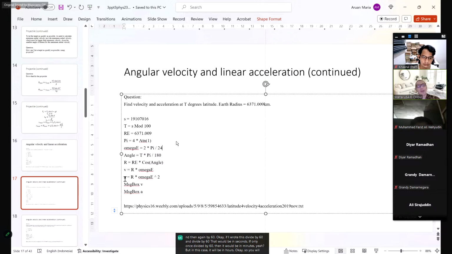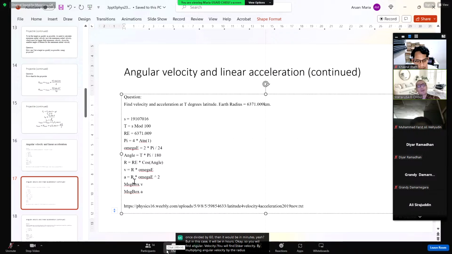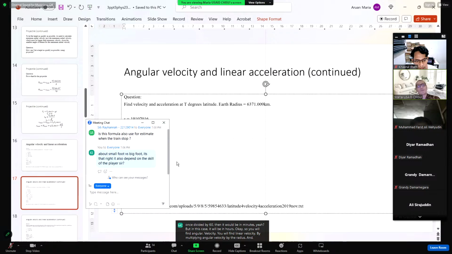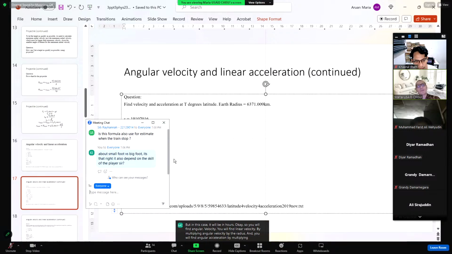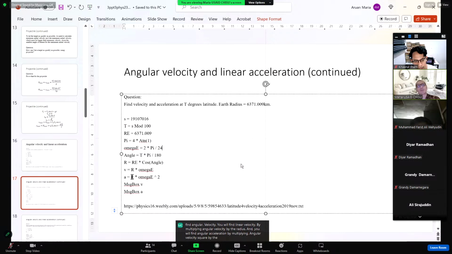So you will find linear velocity by multiplying angular velocity by the radius. And you will find linear acceleration by multiplying angular velocity squared by the radius of rotation.